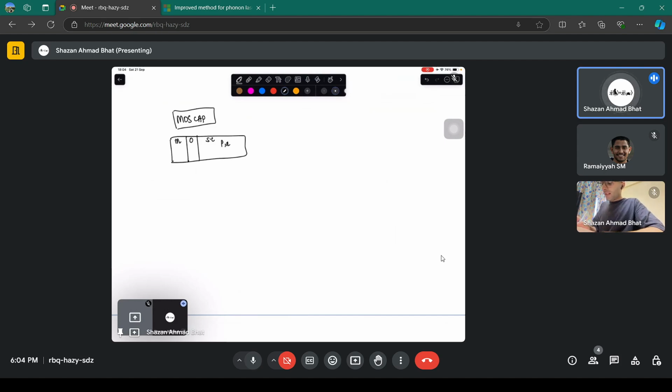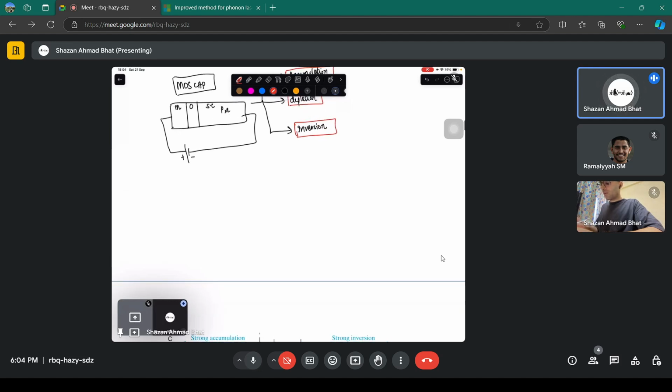There are certain regions which come because of the application of different biasing voltages. If you apply a particular voltage here and a particular voltage here, you get different regions: accumulation, depletion, and inversion. You looked into that in the previous sessions. Briefly, we will discuss it again.